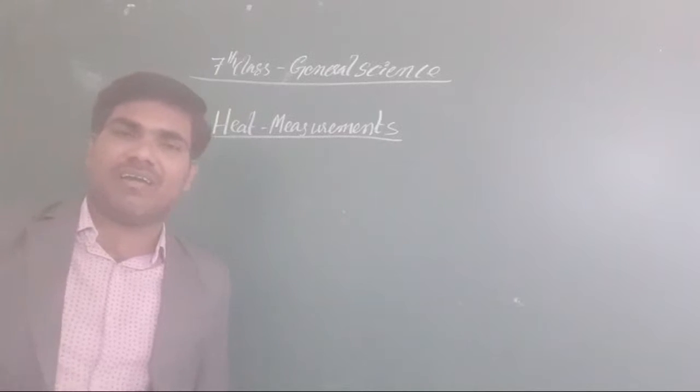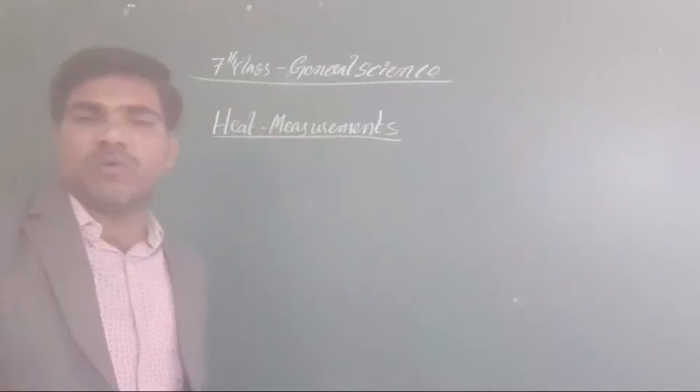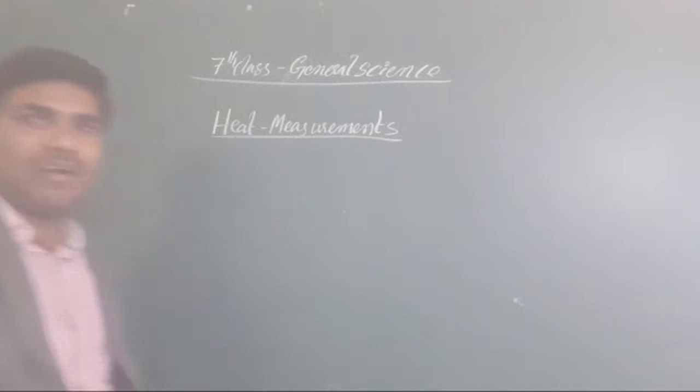I have already given how to convert the Fahrenheit scale. That is important, and how we divide the scales is also very important. What are we taking here? We are taking the Fahrenheit scale here, as well as the Celsius.